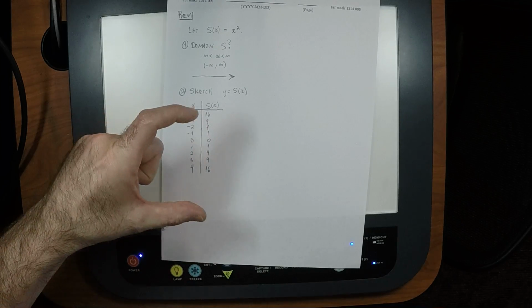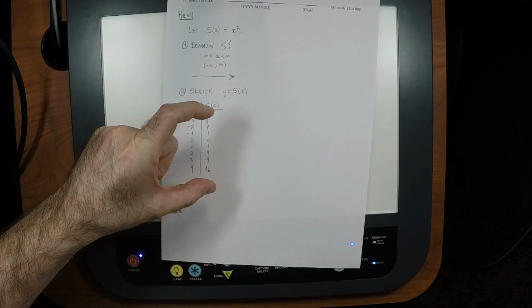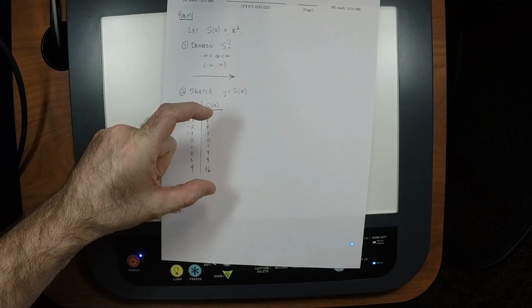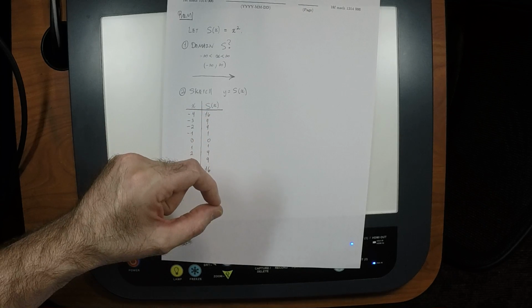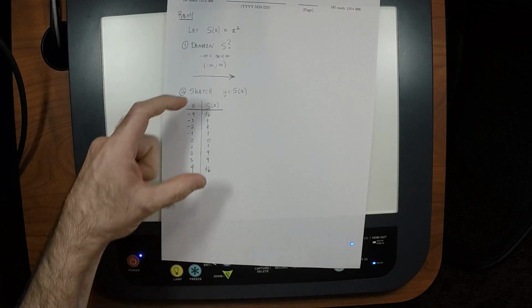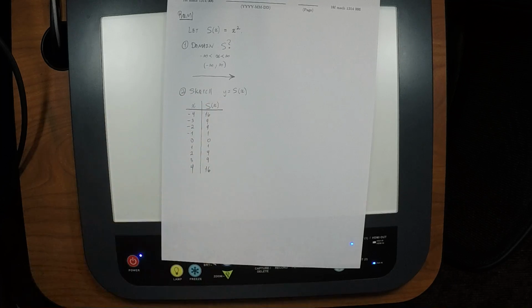So notice that this sequence of numbers is read the same top to bottom and bottom to top. So it's read the same backwards and forwards. Such things are called palindromes, like race car and taco cat, and mom and dad and other things. So that symmetry is going to show up in the picture.